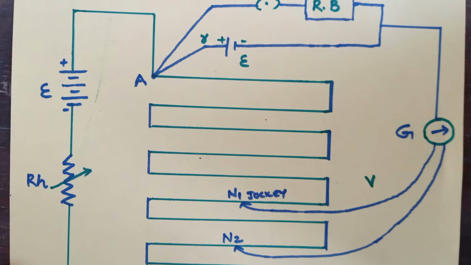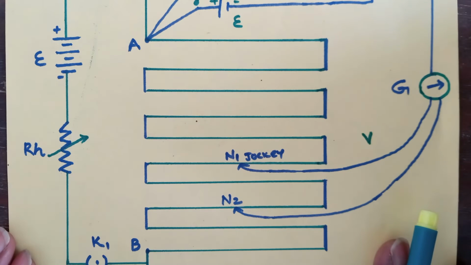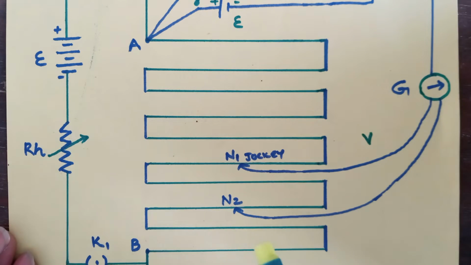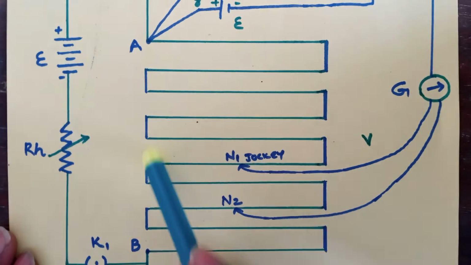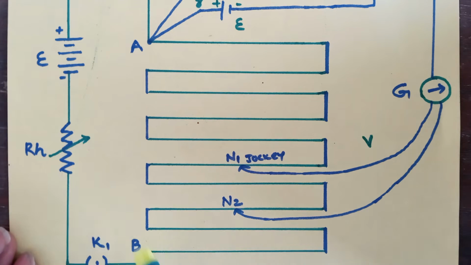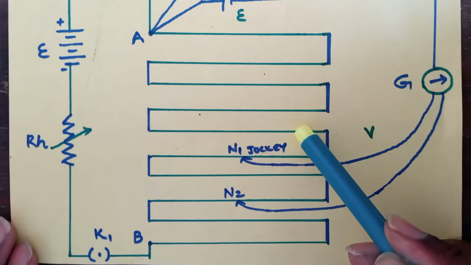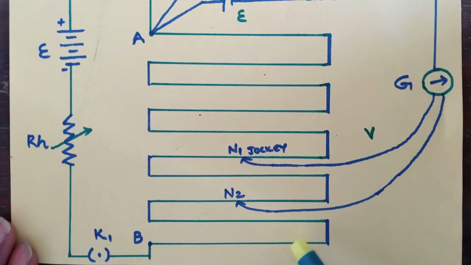This wire is fixed on a 1 meter wooden plank in between the A, B terminals of the potentiometer wire in the form of 10 segments. Total 10 lines.